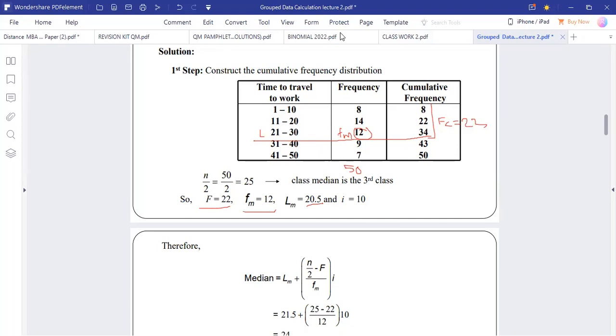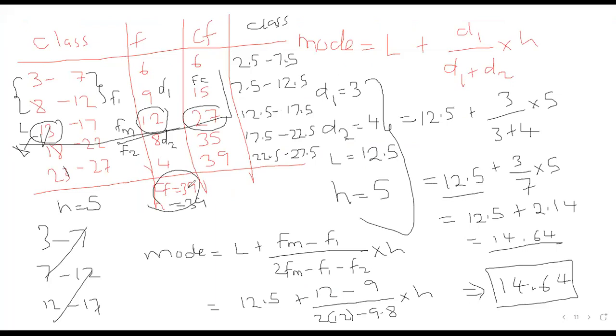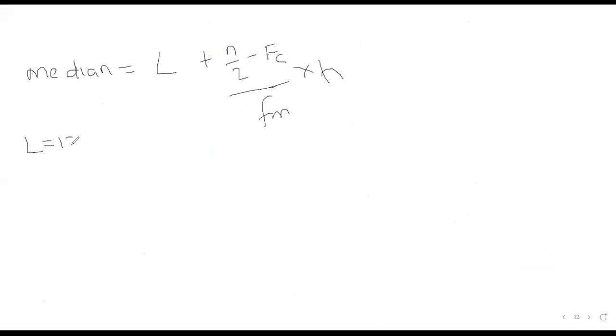All right, so that is how we find our median. Let's go back to our example here. Our FC was 15, our FM was 12, and our L was 12.5.